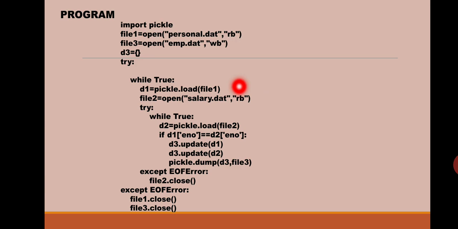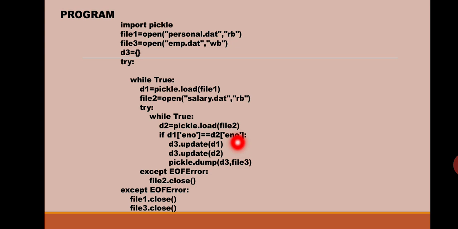After we have read the record, we have opened the second file, that is salary.dat. Now we are going to read all the records of salary.dat till we get a matching record, right? When a matching record is found, then we update the record that we have read from the personal.dat file.